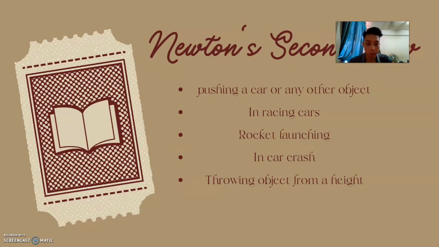Other than that, we can also see the application in racing cars. By reducing the weight of a racing car to increase its speed, engineers try to keep their vehicles at as low a mass as possible, as a lower mass means more acceleration, and the higher the acceleration, the more chances to win.